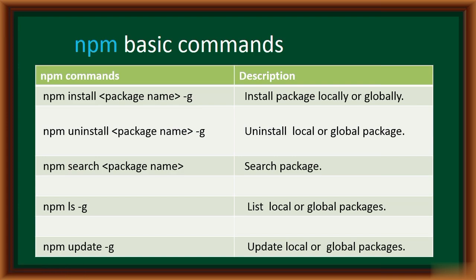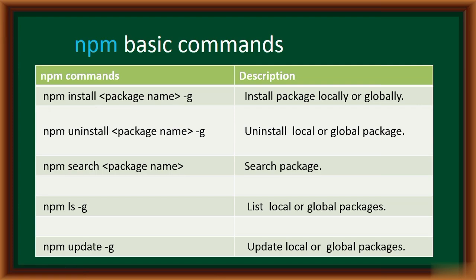If you need to remove or uninstall a package, either a package you've installed locally or globally, you do that with the npm uninstall command, followed by the package name. If it was a package that was installed globally, you have to include the -g. If it's a local package, you don't need to include the -g.